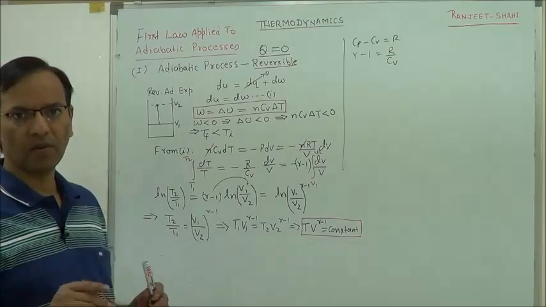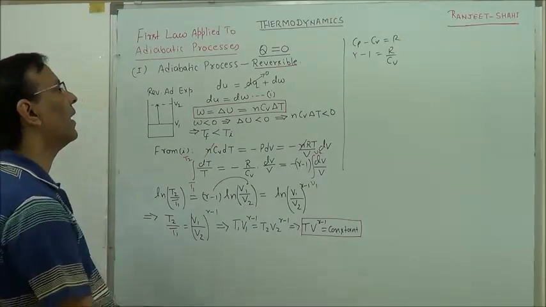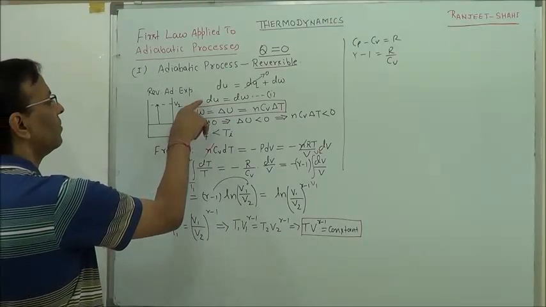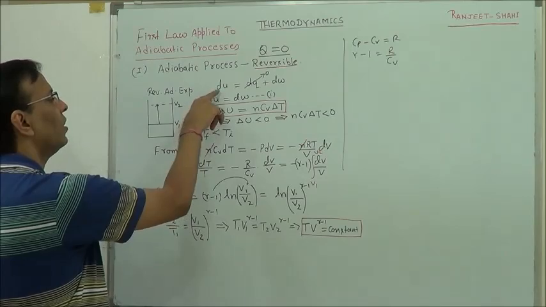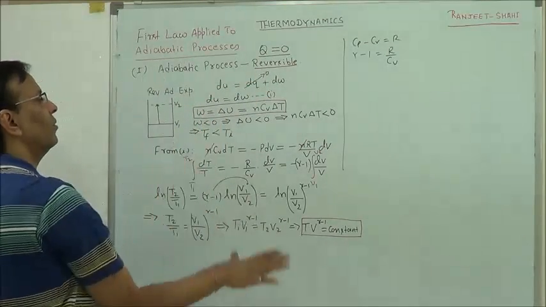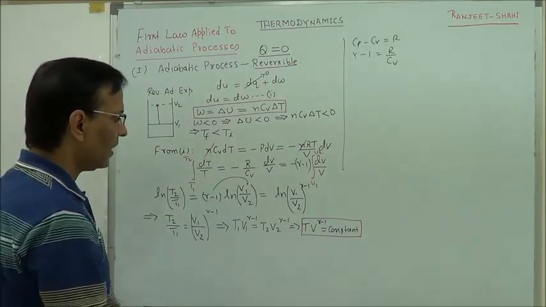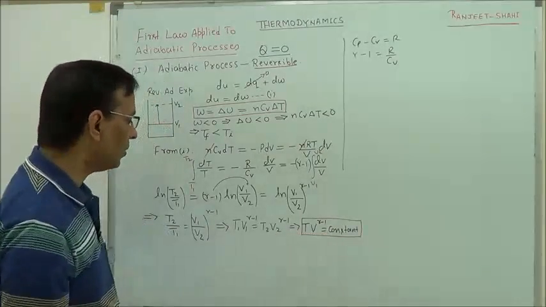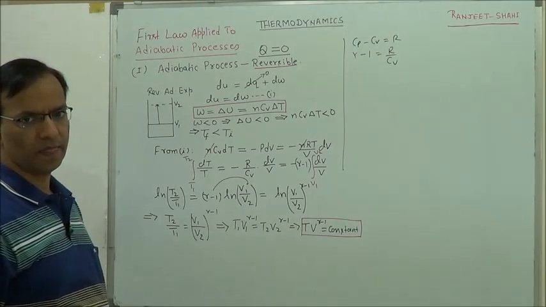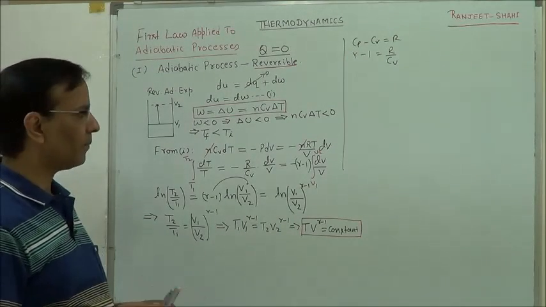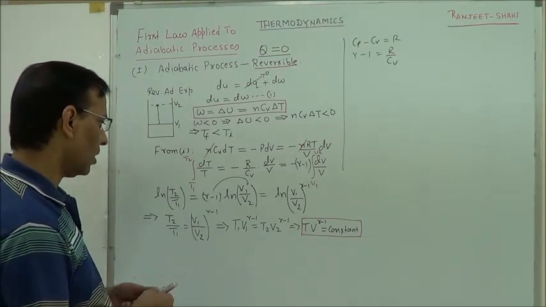This will be applicable only to reversible adiabatic process, where we can write an infinitesimal step by first law dU is equal to dQ plus dW. It is a relationship between temperature and volume. Similar relation can be derived for pressure volume, pressure temperature. Let us derive them.